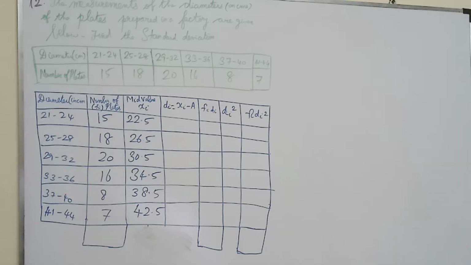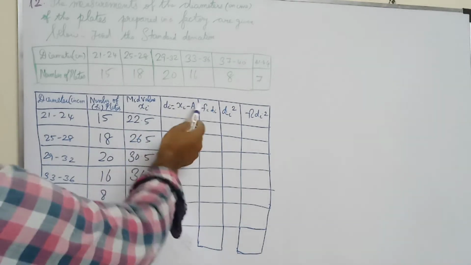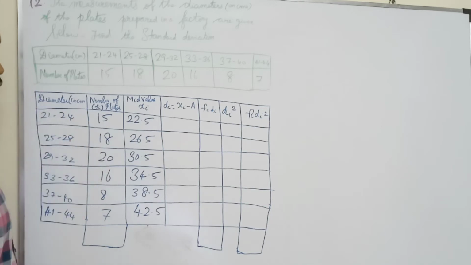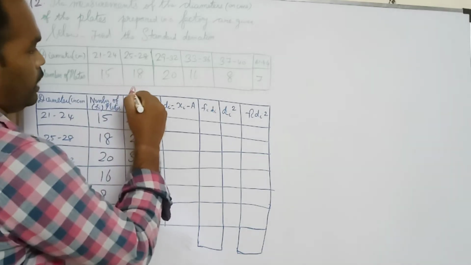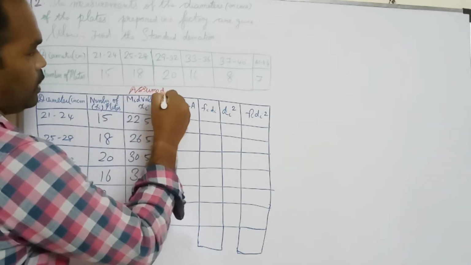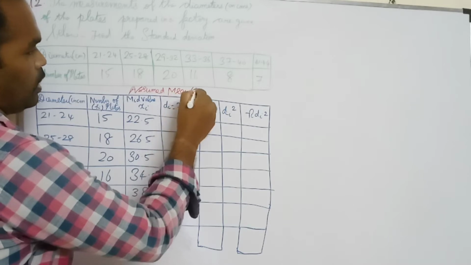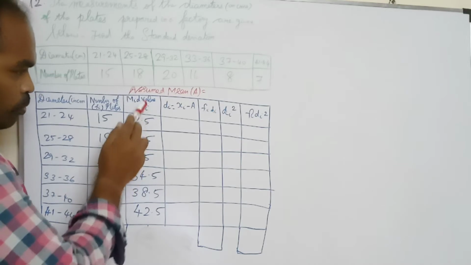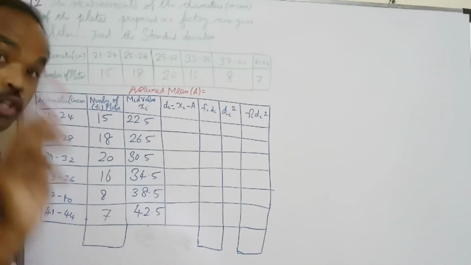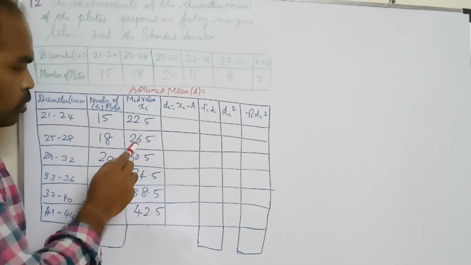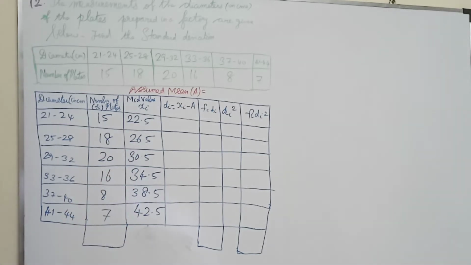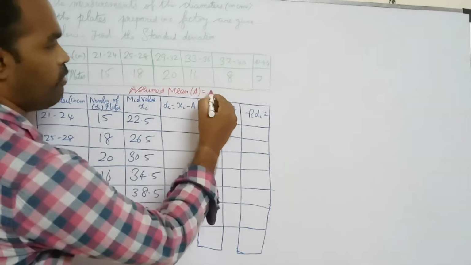The next thing is di equal to xi minus a, where a is the assumed mean. We need to find the value of the assumed mean. By these xi values only we find the assumed mean. There are 6 values in total.